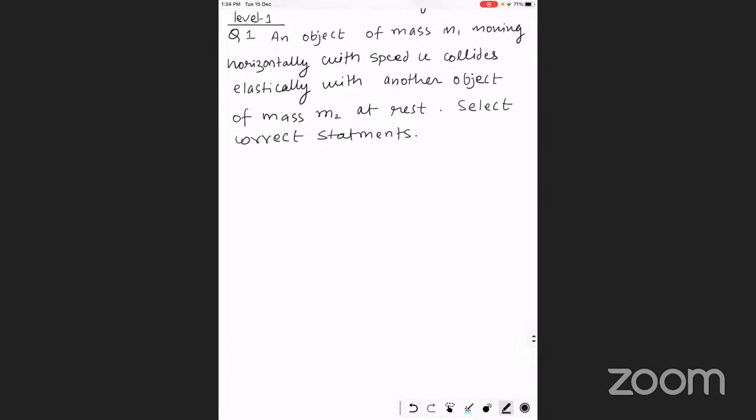Let me make a diagram. This is m1 moving with velocity u horizontally, and this is m2. This is m2 at rest.